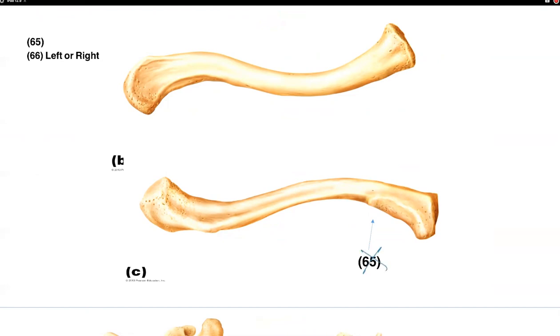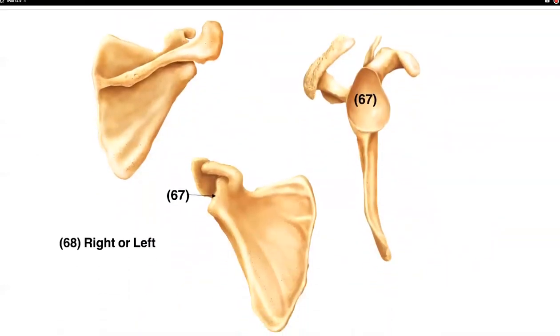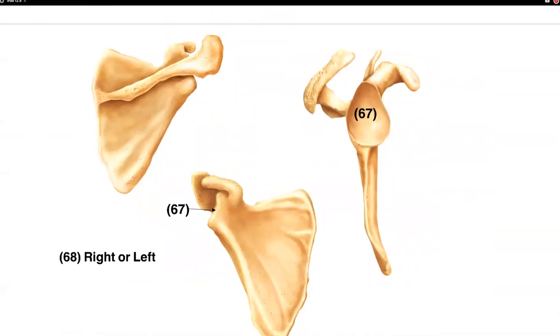All right, don't worry about 65 on here. About 67, it's marking this shallow cavity of my scapula. This is my glenoid cavity. How would I figure out whether this bone is right or left?